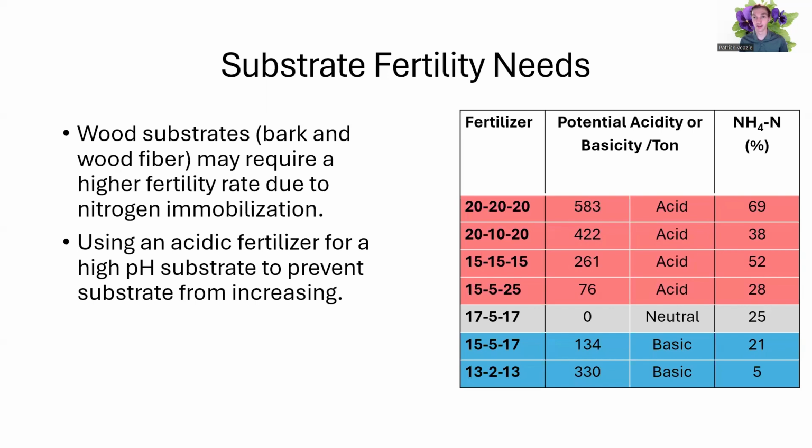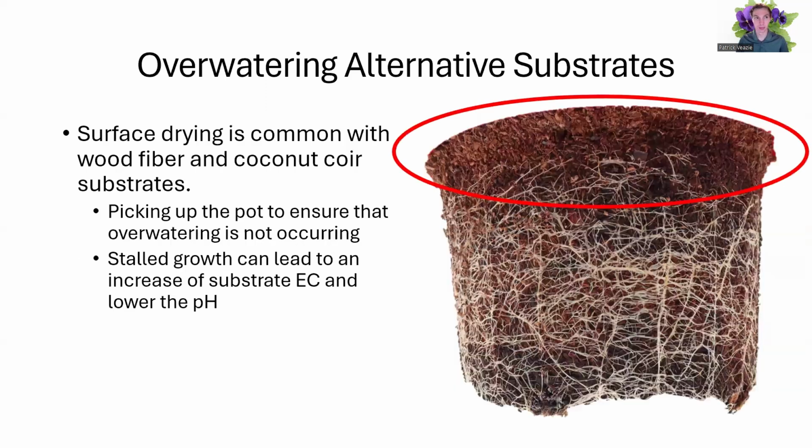So looking here, we have a potential basicity or acidity per ton. You can see that it's all really dependent upon that ammoniacal nitrogen rate. So if you increase that ammoniacal nitrogen of NH4, you get a higher potential acidity as well.